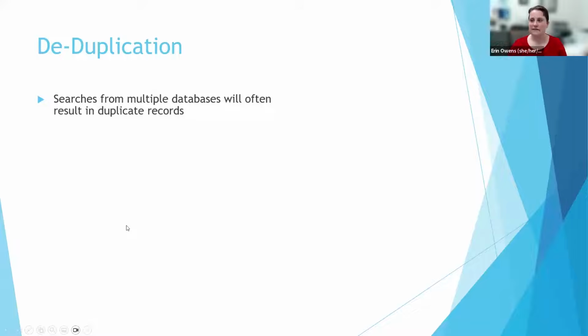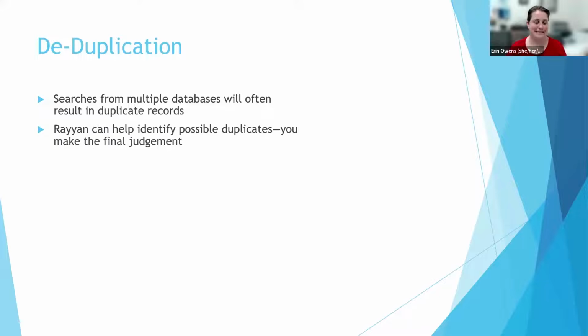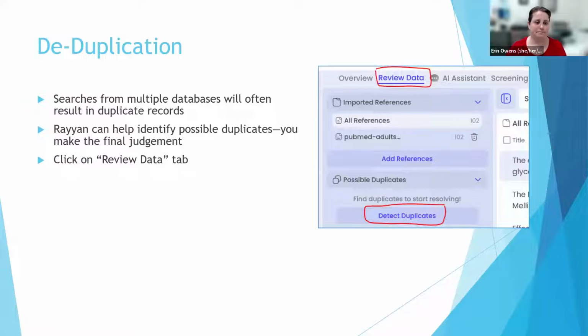So I talked a little bit about the deduplication already, that we'll often have some articles that are repeated in different databases. And so Rayyan can help us to identify things that might be duplicates, but it doesn't make the final judgment for us. It just flags them, and then it lets us review them and make that final judgment as to whether or not it's really a duplicate.